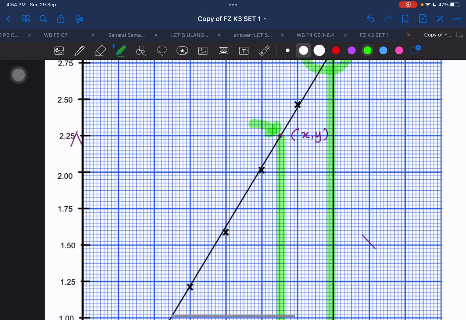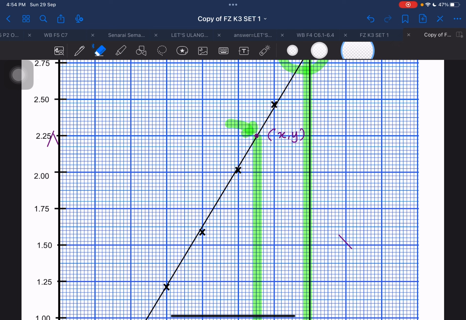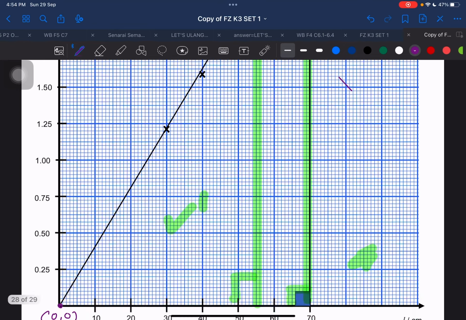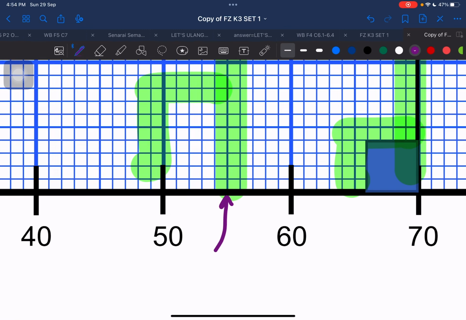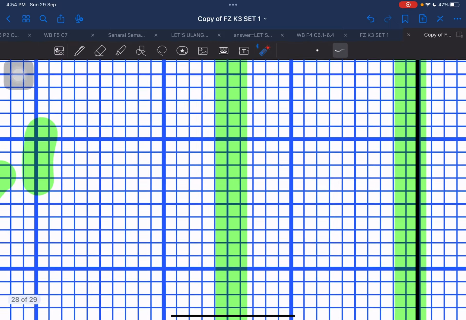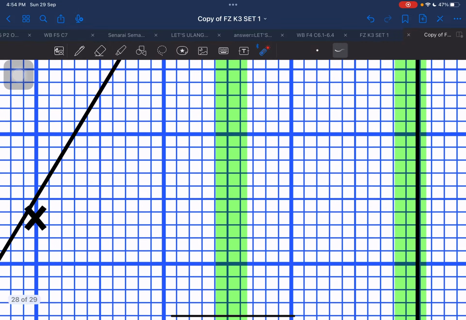Alright. So the coordinate here, y is 2.25, x is here. How much is that? 1, 2, 3, 4, 5, 6, 7, 8, 9, 10. So this is 55. The coordinate is 55, 2.25.